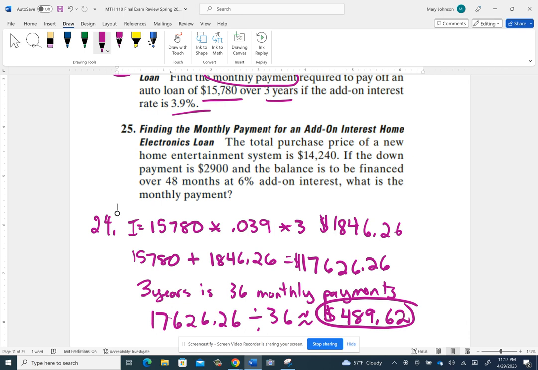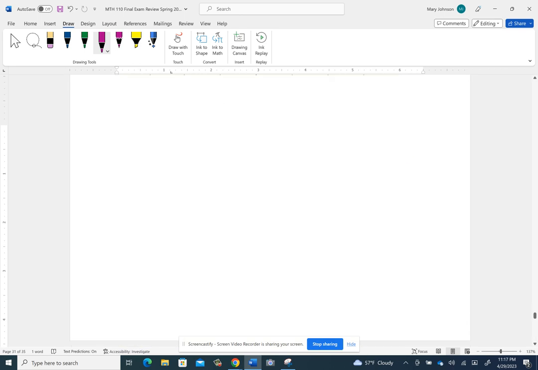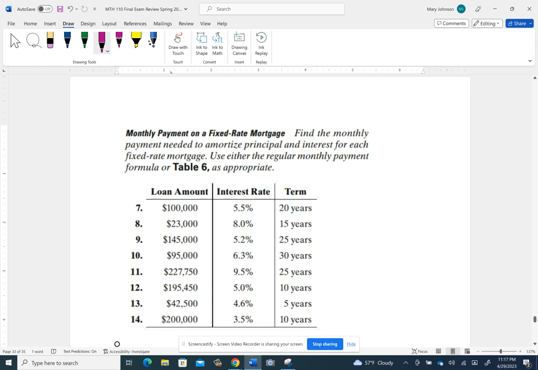All right, let's go ahead and look at your mortgage payment for fixed rate mortgages. We'll just do a couple of these. For the monthly payment, you can use the table, which I have copied, or you can use the formula. When you're looking at this, all of these have interest rates that are in the table because they have either a 0.0 or a 0.5.